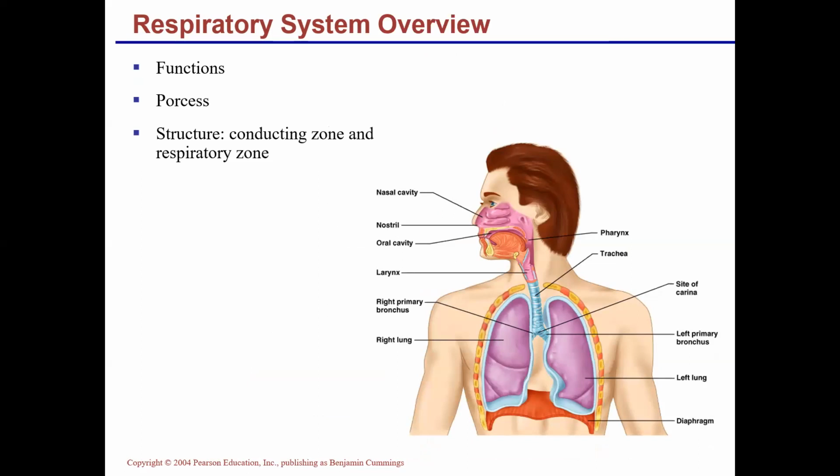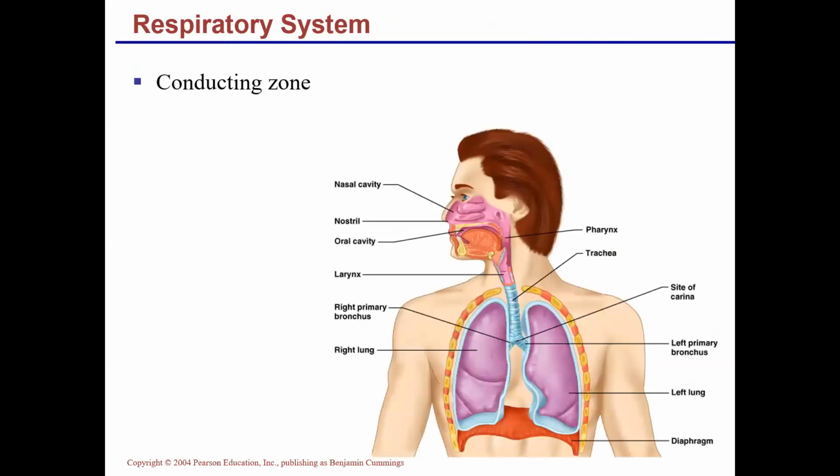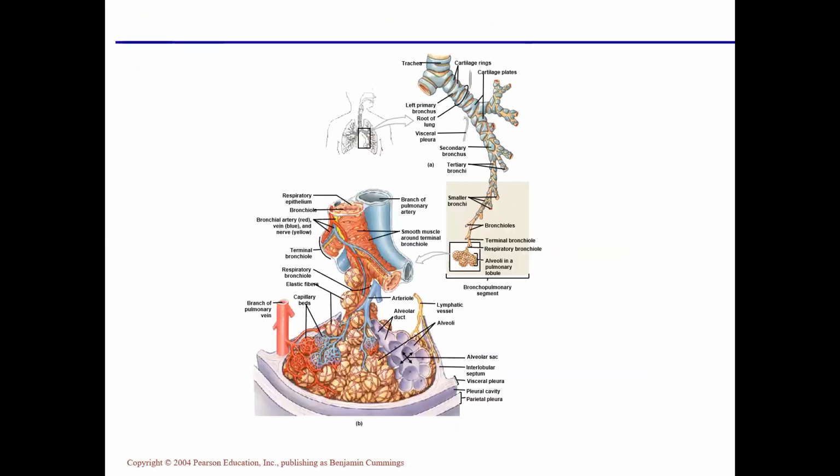So first we talked about the conducting zone. We talked about the different structures just for air to pass, okay? And then the other zone is called the respiratory zone. We're going to talk about that later. That zone is for gas exchange, okay? So we're still talking about the conducting zone.